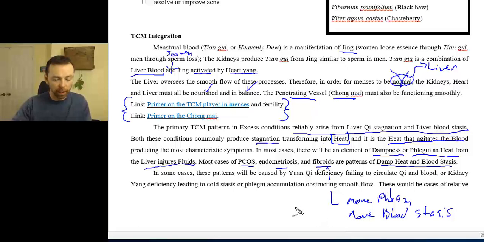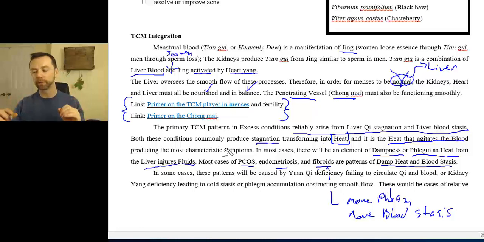We need to look at one other pattern because we're going to see this. This is where we have a deficiency underlying creating an excess pattern. So if the source qi is deficient, the yang to some degree is deficient. Remember that the liver is a yin organ with yang functions. Now it has some yin functions too, but it has to have enough energy to do its job.